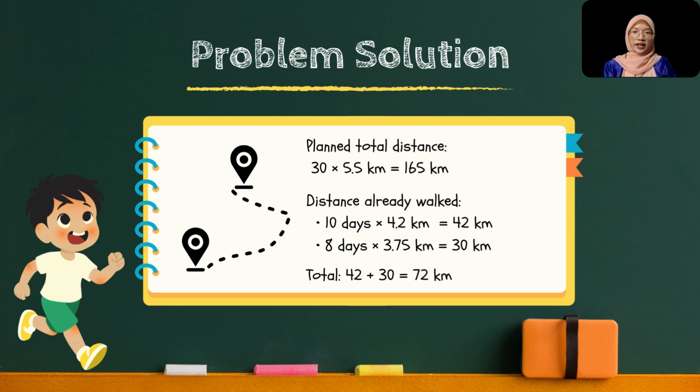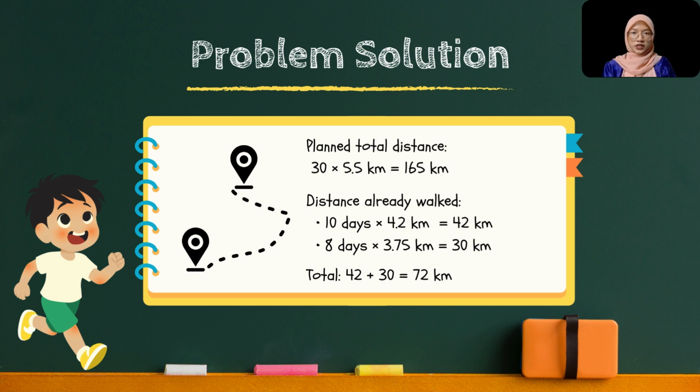Next, let's calculate what he has already walked. In the first 10 days, which is 10 times 4.2, we got 42 kilometers, and in the next 8 days, which is 8 times 3.75 kilometers, we got 30 kilometers.